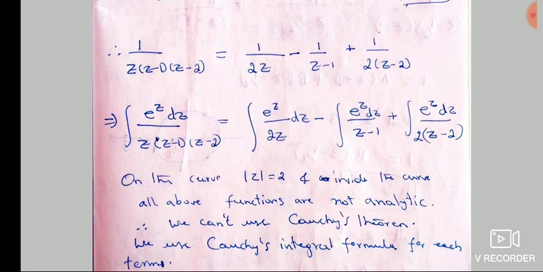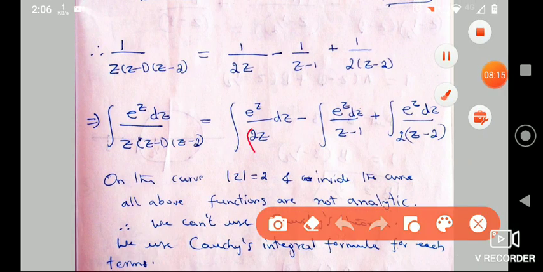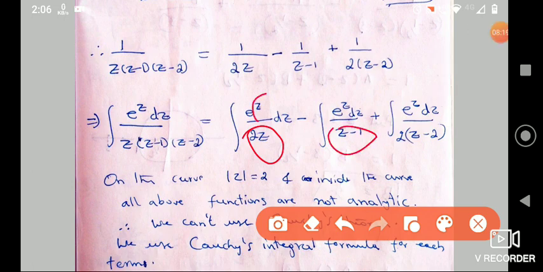So for all these terms we use Cauchy's integral formula. For Cauchy's integral formula, they are not asking this whole thing to be analytic. Only the upper part, f of z, should be analytic, and here it is analytic. E power z is analytic.